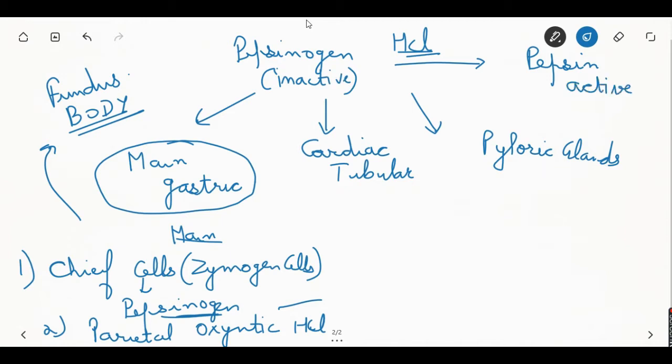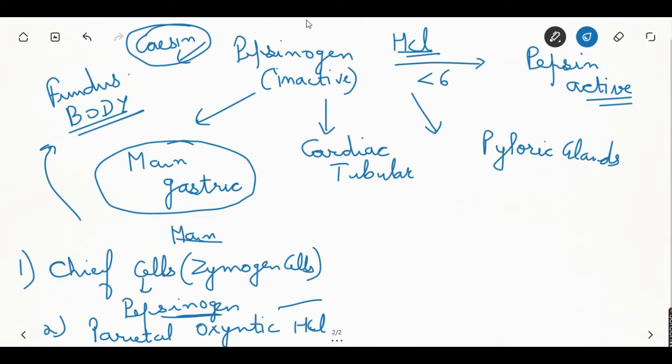It is converted only at pH less than 6. What is its function? Number one, it digests proteins to polypeptides. Pepsin acts on water soluble caseinogen to form casein. So number one, it has a milk curdling effect, and second, it is proteolytic in function as it digests proteins to polypeptides.